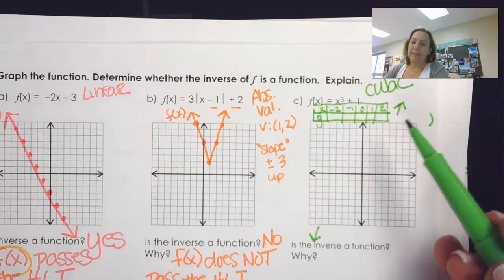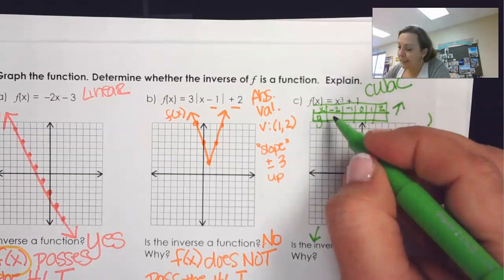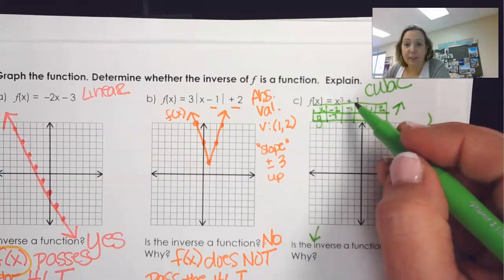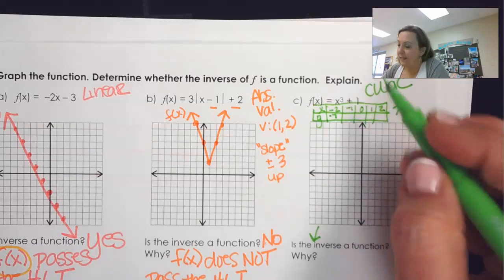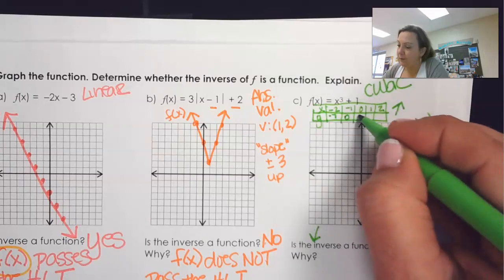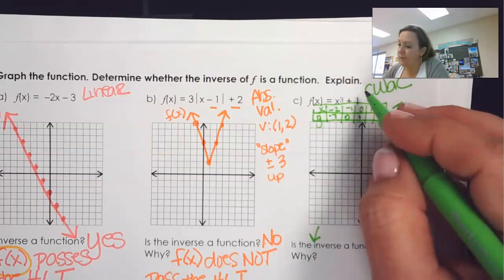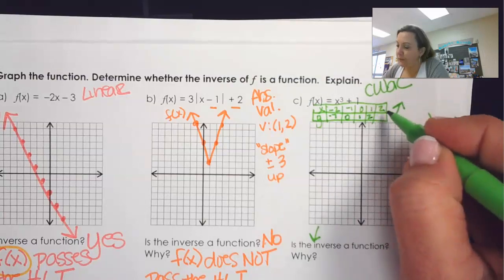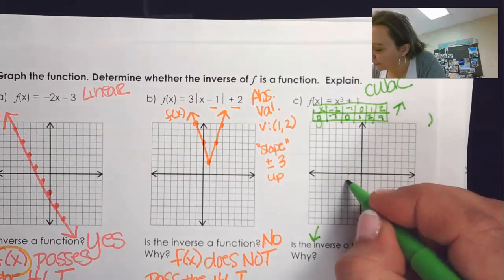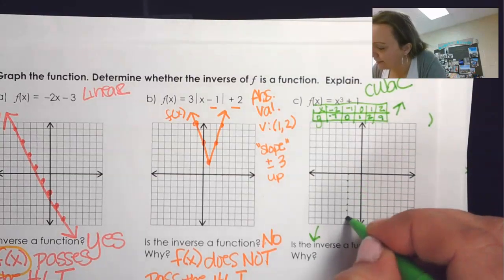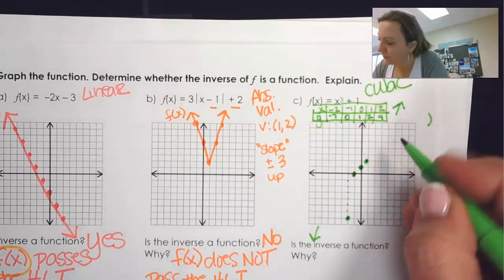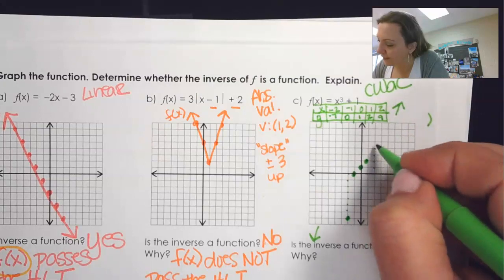And this isn't much to substitute. -2 cubed is -8, plus 1 is -7. -1 cubed is -1, plus 1 is 0. 0 cubed is 0, plus 1 is 1. 1 cubed is 1, plus 1 is 2. 2 cubed is 8, plus 1 is 9.